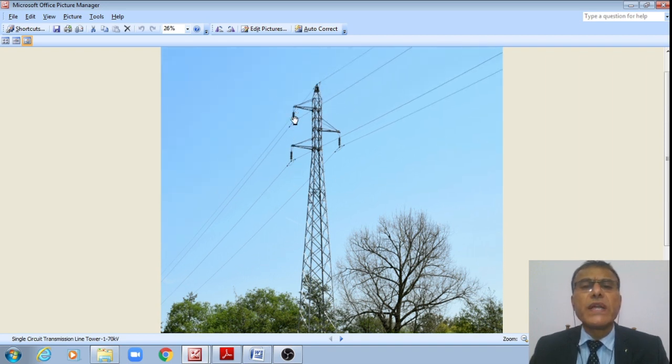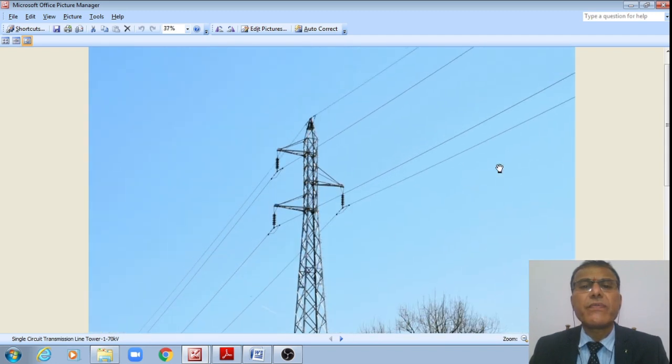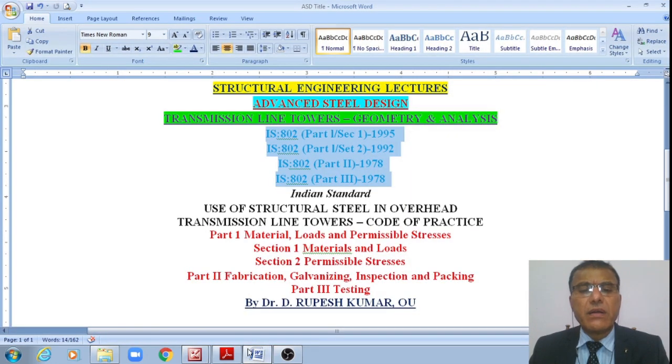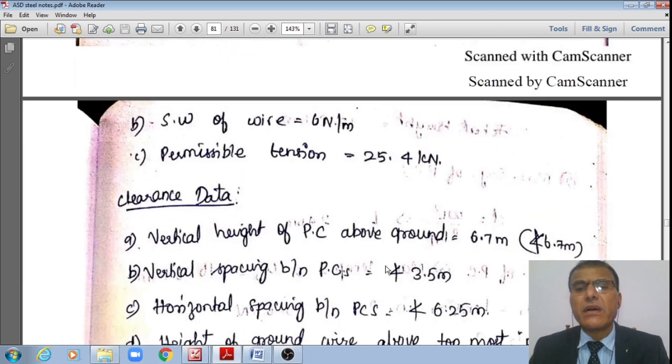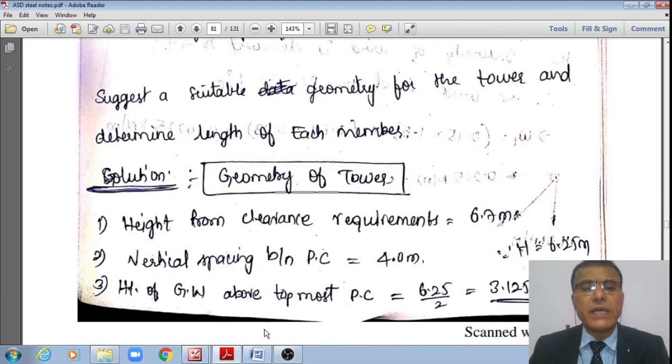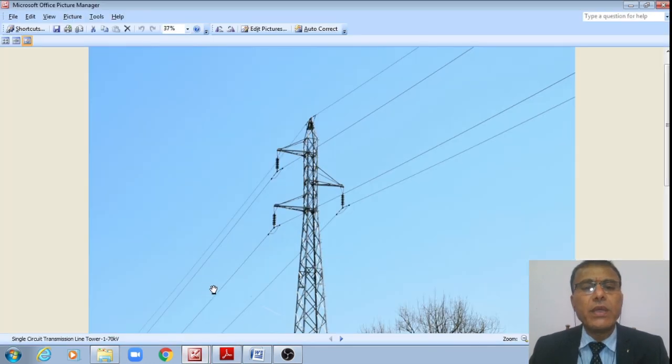However, this is of the vertical clearance. This should not be less than 3.5 as given, but now we are assuming it to be 4 meters. This value I am assuming to be 4 meter.